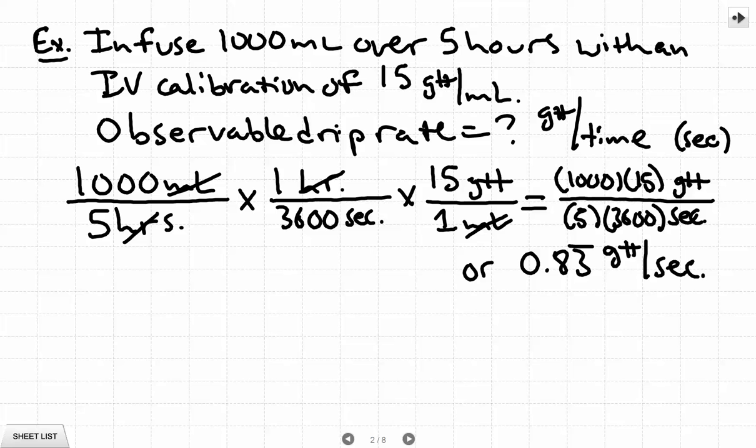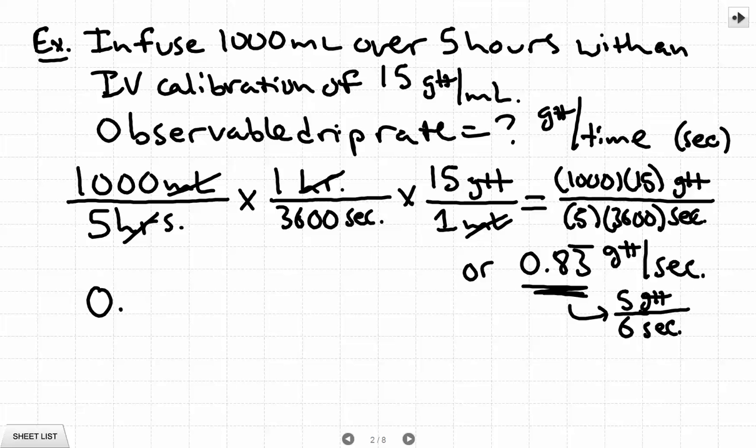Now obviously, this is not observable. If you were to convert this to a fraction, this comes actually out to be the fraction 5/6. So it's really 5 drops for every 6 seconds. Now that is a perfectly observable amount of time, but usually I like to go a little longer. So 30 seconds, or 45 seconds, or 60 seconds, and so forth. So a slightly longer interval of time will give you more of an accurate IV fluid administration.